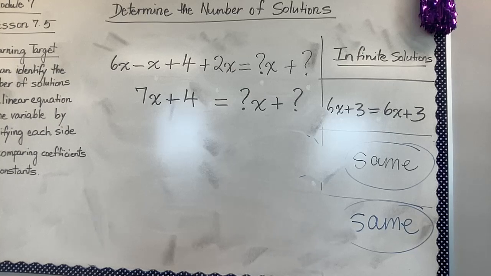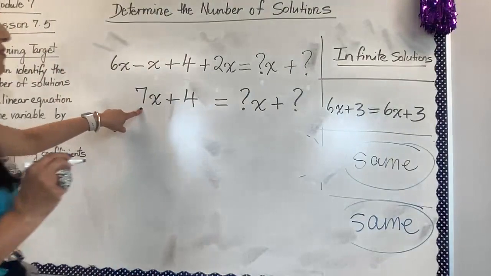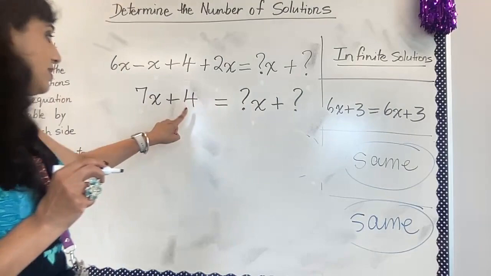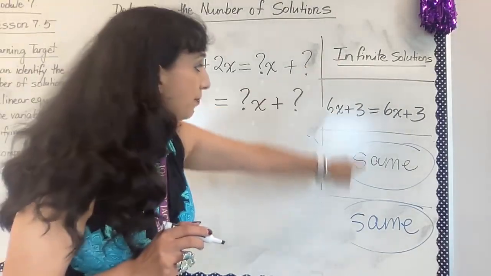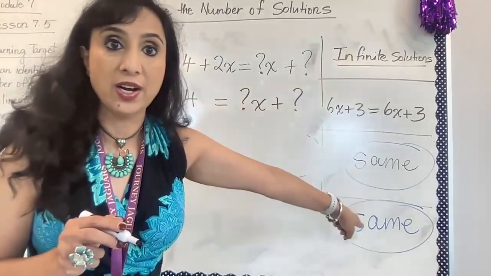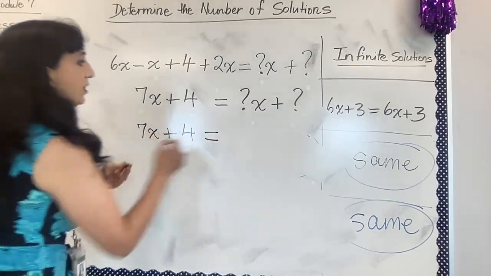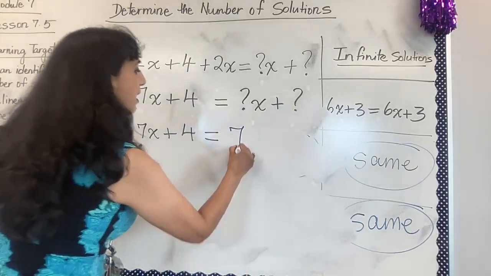So we know that in an infinite solution equation, the coefficients and the constants must be the same on each side. So if I'm having 7x over here, this side also has to be 7x. If the constant is 4, the constant has to be a 4 also over there. So look, the infinite solutions, what we had done earlier. If this is 7x plus 4, then on this side, what is my coefficient? 7.